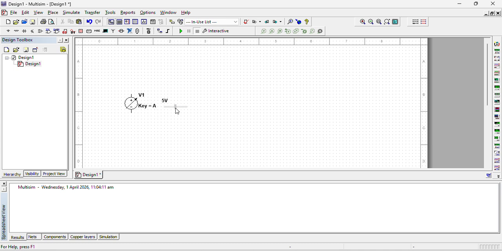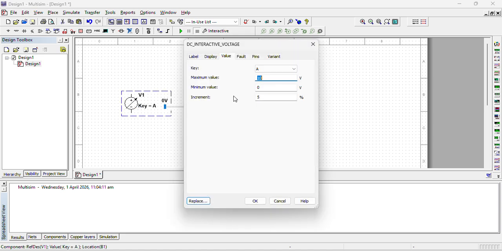So for example, we want it to start from 0, and we are setting its maximum value as, suppose, 100, and we want it to increase in portions of 0.1 volt, so that becomes 0.1%.